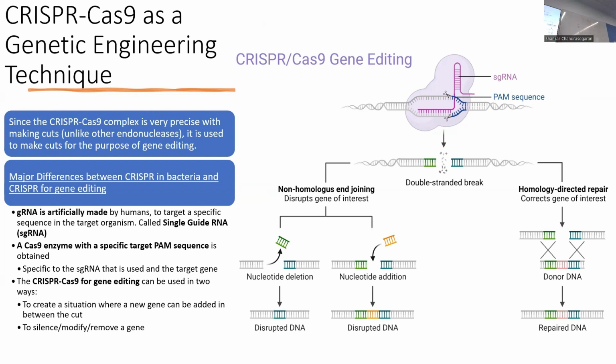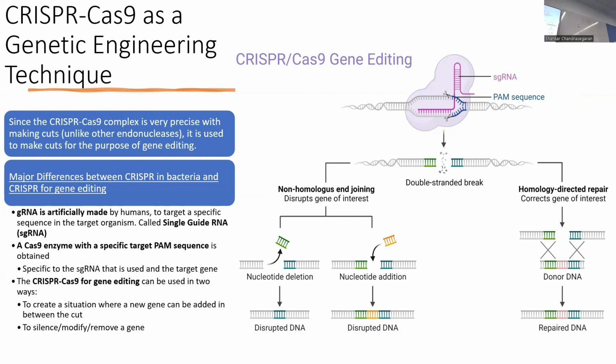Another thing is that the Cas9 enzyme with a specific target PAM sequence is obtained. Remember that the PAM sequence is like a recognition site that the Cas9 enzyme looks for when it's searching through the DNA sequence. Since it's searching for the PAM sequence as well, we need to make sure that we modify the Cas9 enzyme with the specific target PAM sequence based on what we're trying to do.